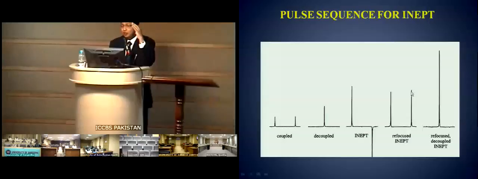So they have carried out a polarization transfer, decoupled it, and they got a refocus, decoupled INEPT, and compare this with this, and compare the intensity of this with this, right? And this intensity increase is because of the polarization transfer. This is polarization transfer.